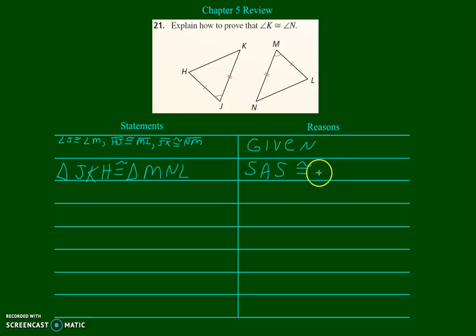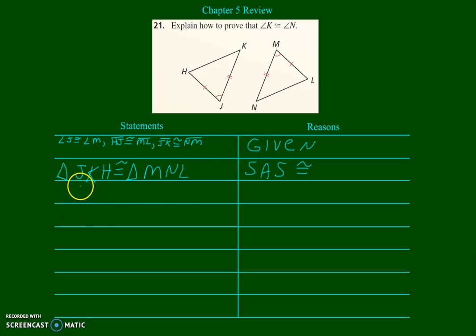Now I don't put postulate or theorem. This current author shows that this is a theorem. It's also a postulate, and so I'm just saying side angle side congruence to distinguish it from similarity theorems. So now that we know that these two triangles are congruent, we can say that any of the corresponding parts of these two figures are going to be congruent.